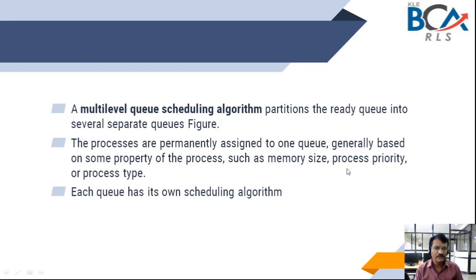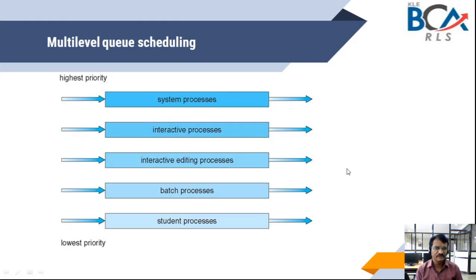A multi-level queuing algorithm partitions the ready queue into several separate queues, which can be seen in the figure. See, we have different queues here depending upon the priority from lowest to highest. So every queue has different types of processes, as you can see in the figure.